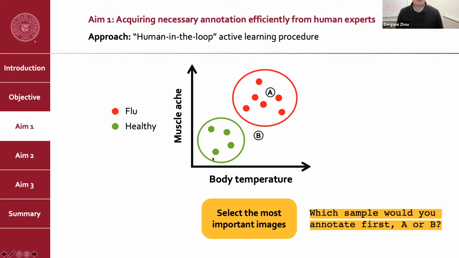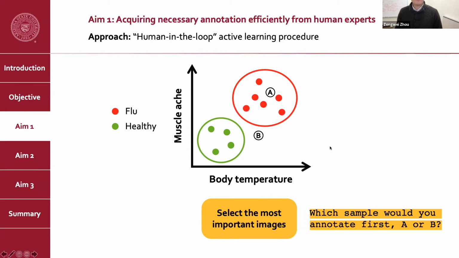So here the green is healthy and the red is flu patient. So A and B here are two unlabeled samples. Now the budget allows us to only annotate one patient. So which sample would you prefer to annotate first?